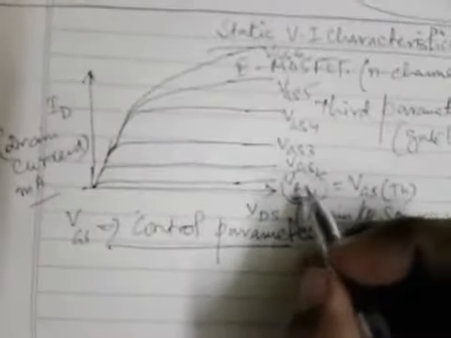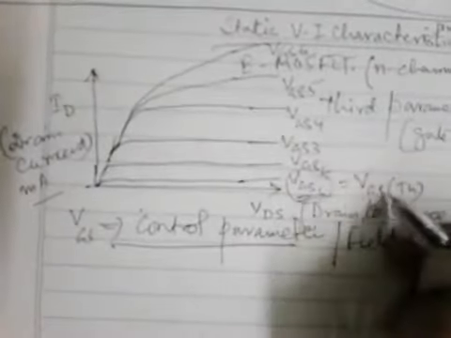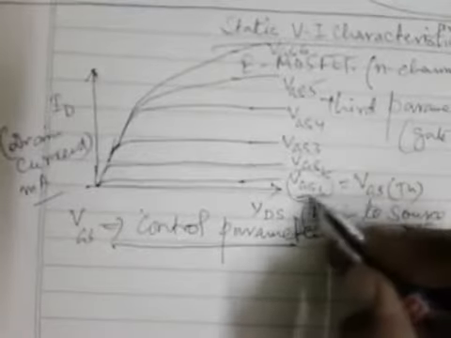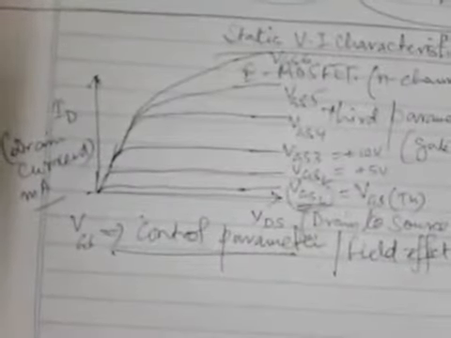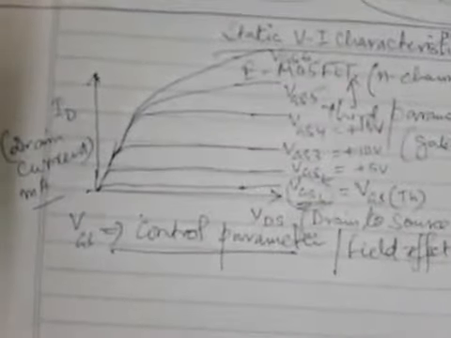Now if we go on increasing this value in the positive direction, suppose VGS1 has a finite value, VGS2 is plus 5 volt, VGS3 is plus 10 volt, VGS4 is plus 15 volt, and so on. That means we are increasing positively and the drain current increases.